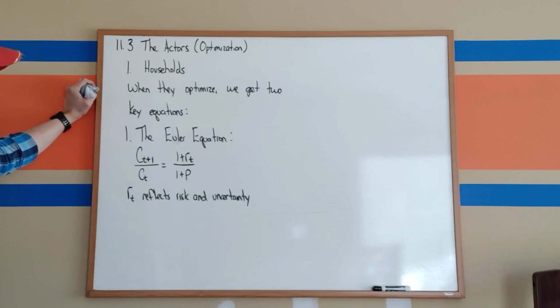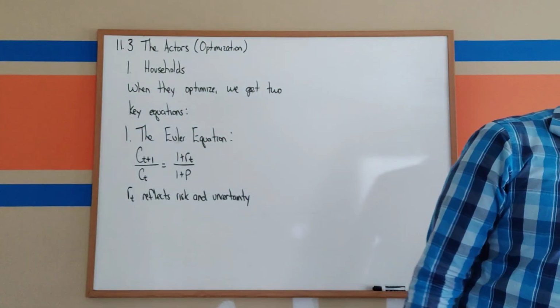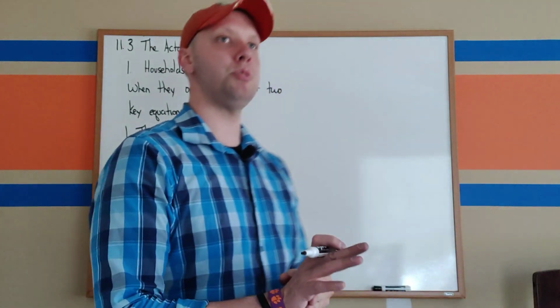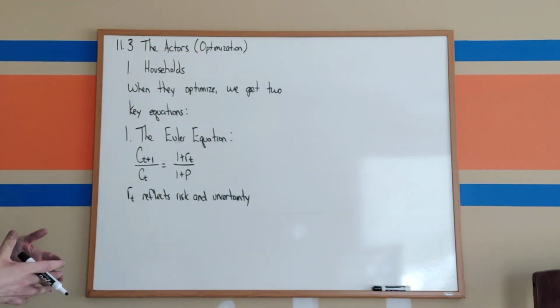So if the interest rate reflects risk and uncertainty, if uncertainty were to increase, right, because you're like, well, I don't know if we might be in a recession tomorrow. Right, so if you're worried about going into a recession tomorrow, you might lose your job. If you lose your job, well, you're going to want to make sure you've got some extra savings stored up in order to be able to get by without a job.